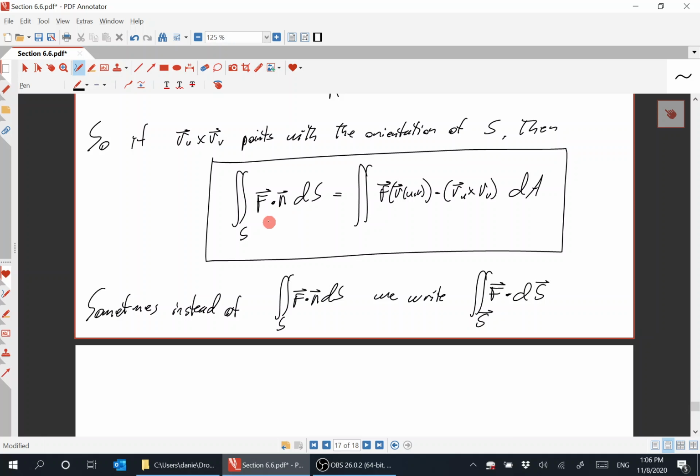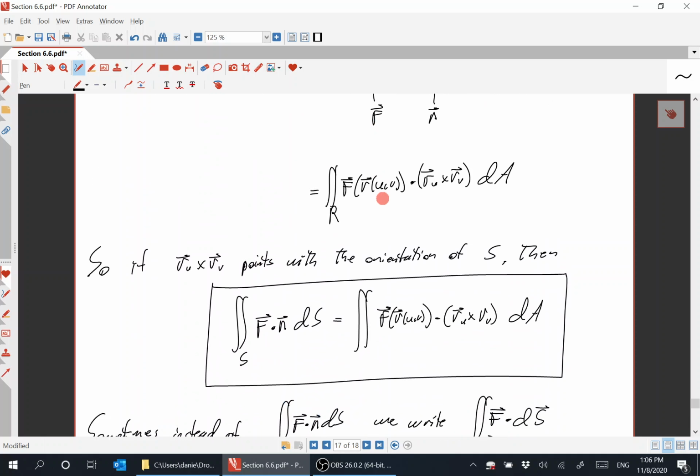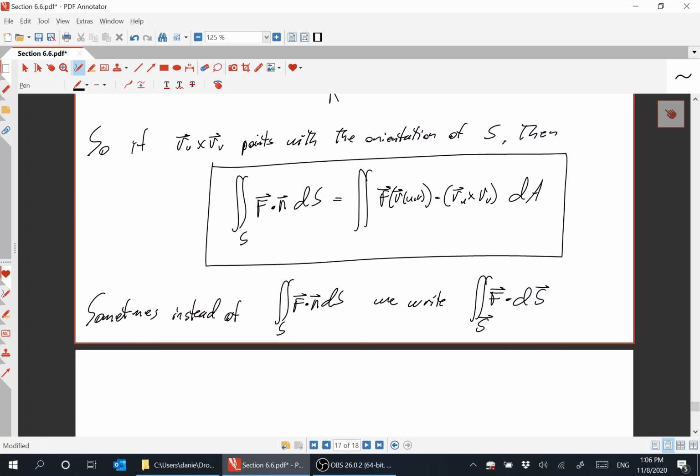I'll actually do an example where you use this one, where you don't do this cancellation. But in most examples you do that. Okay, so we refer to the surface integral this way, to refer to the vector surface integral.